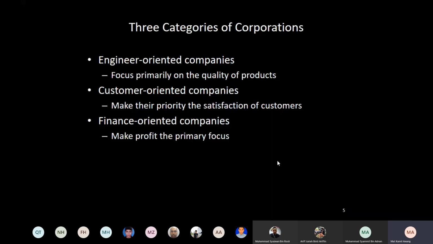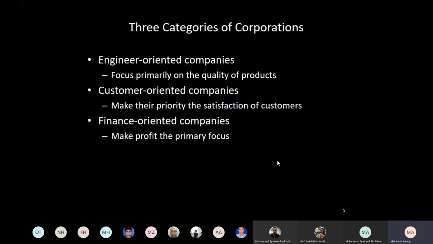There are three categories of corporation. These are the types of companies. There are engineer-oriented companies, which focus primarily on the quality of the products, so their focus is on the technical part.